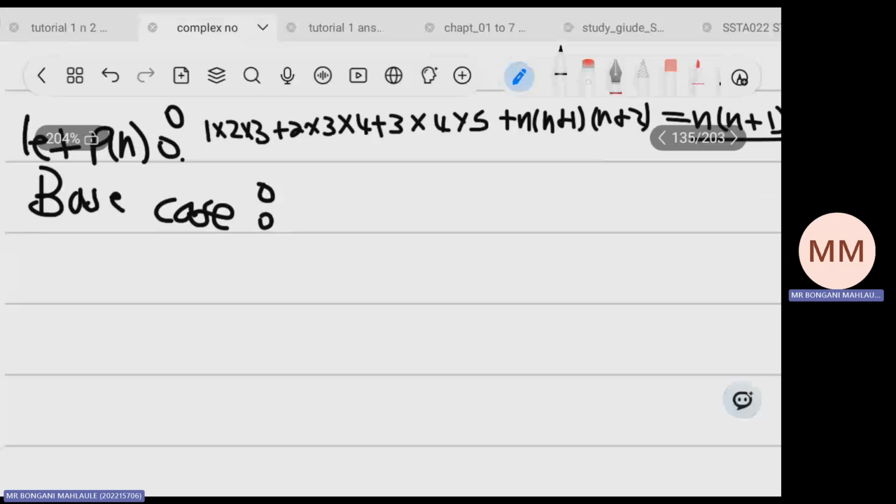So on the assumption or inductive step, we're going to say assume that P of n is true for some value of n equal to k, such that, so come to our statement.